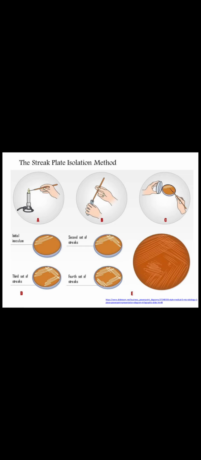After it settles, we do the streaking. We use a sterilized loop, and again sterilize this loop by heating it in the blue flame of the Bunsen burner.